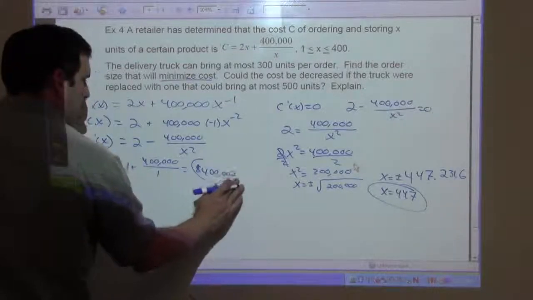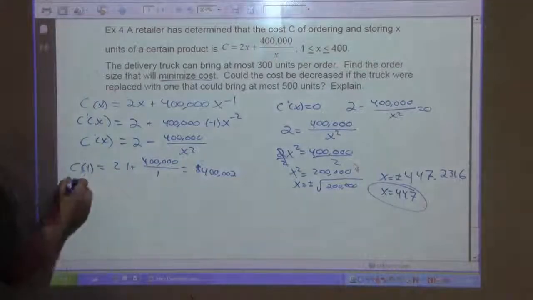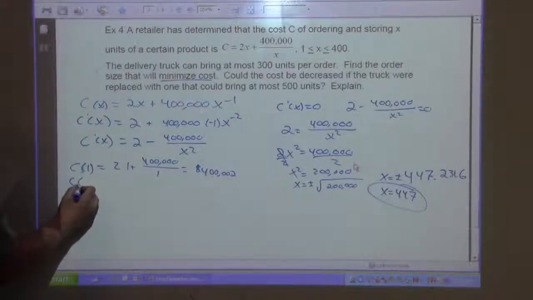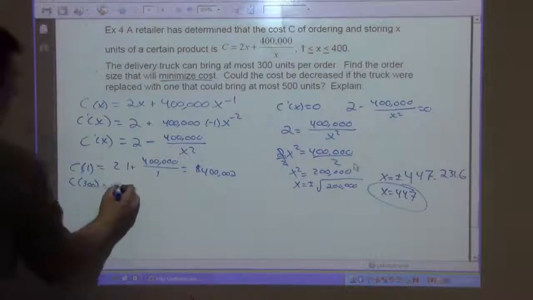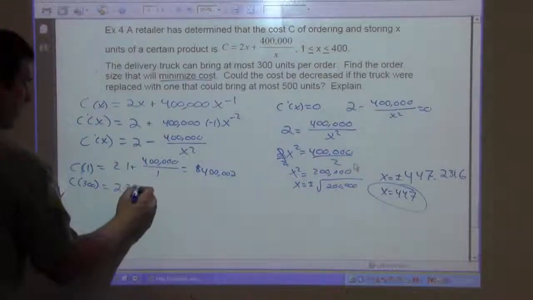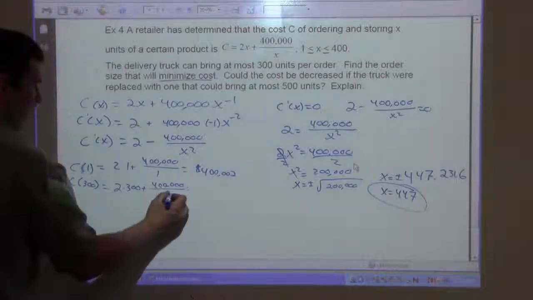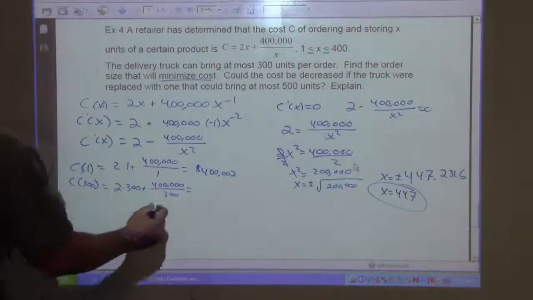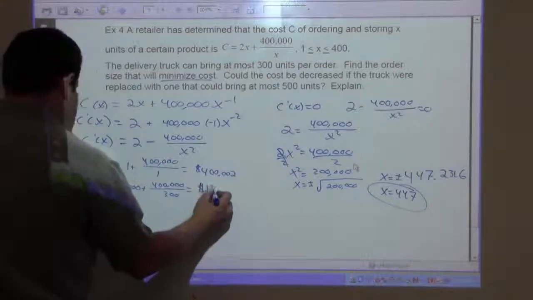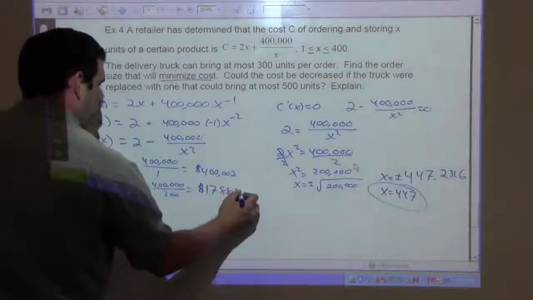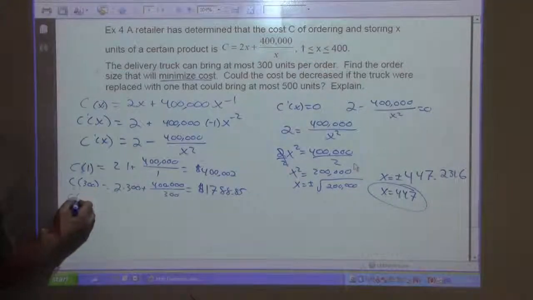And we'll look at C of 300. It's going to be 2 times 300 plus 400,000 divided by 300. That's 1,788.85.